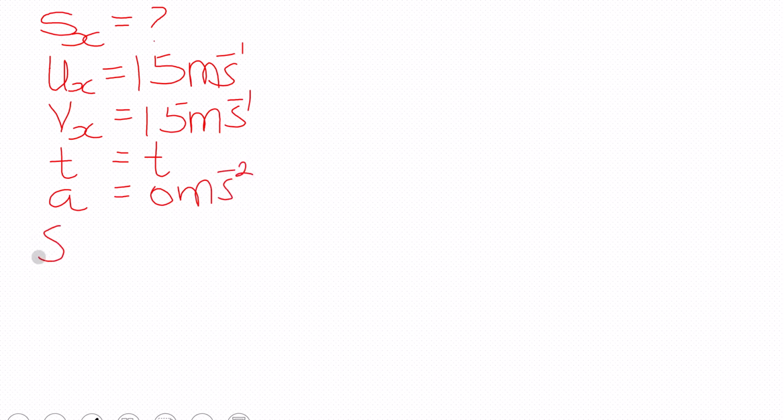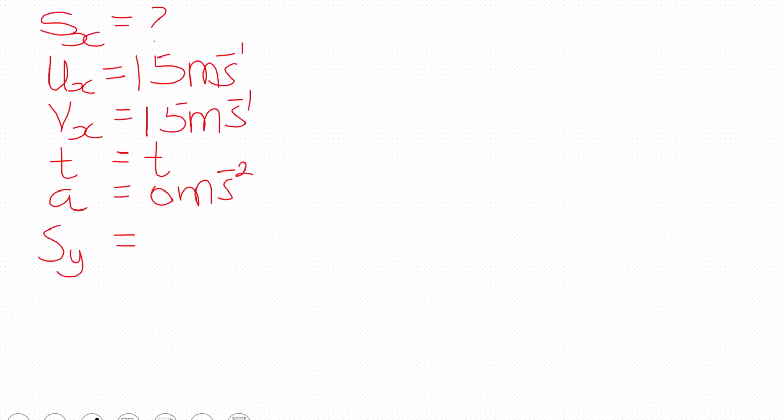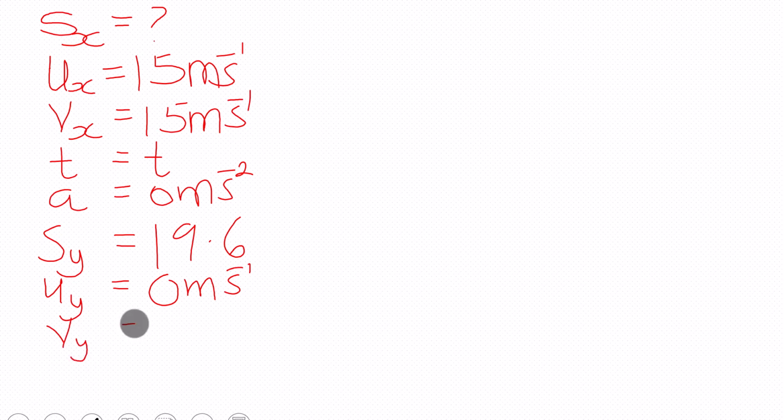For y, our s in the y is given as 19.6. And our u in the y for horizontal projection will always be 0 meters per second. Our v in the y will always have a value that we can calculate.